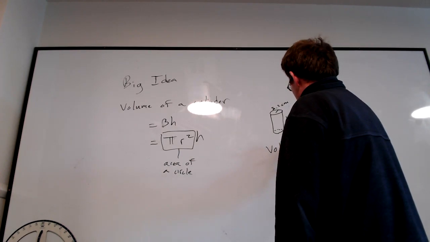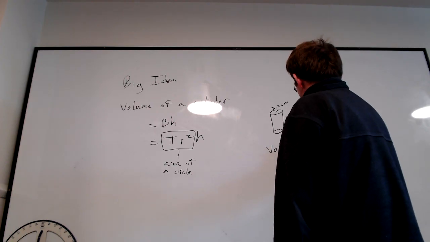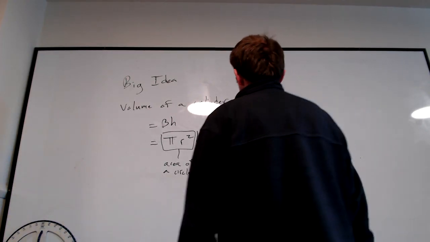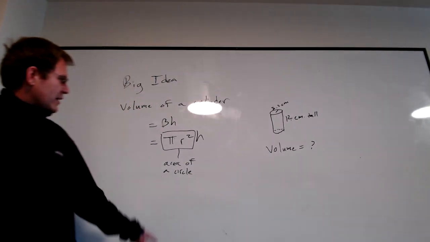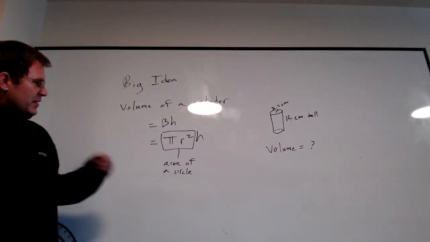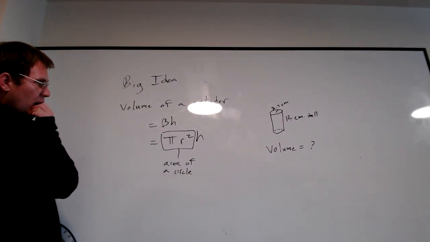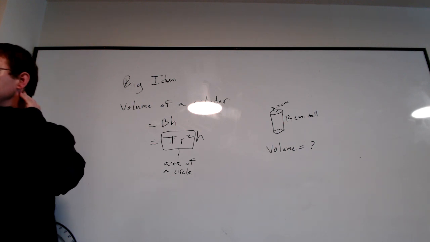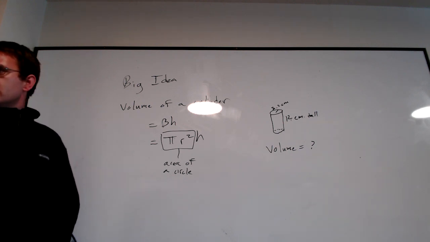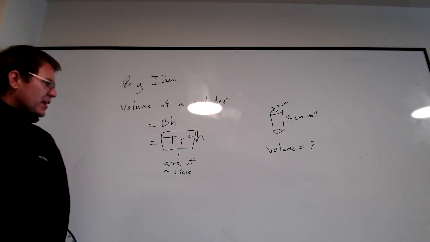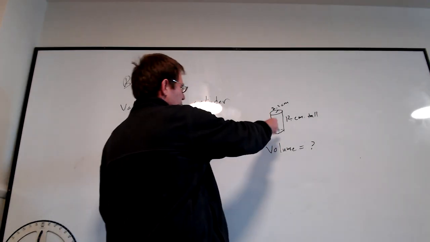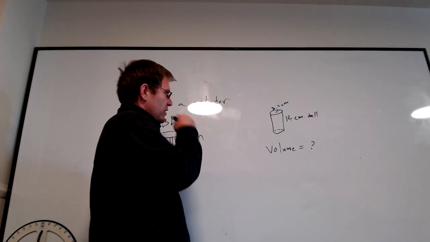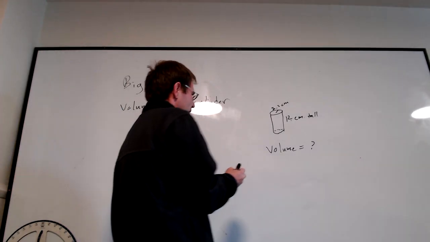So volume equals what? So think about this. What would be the first step here? You want to figure out the area of either the top or the bottom, which are the same in this case. So what would the area be?